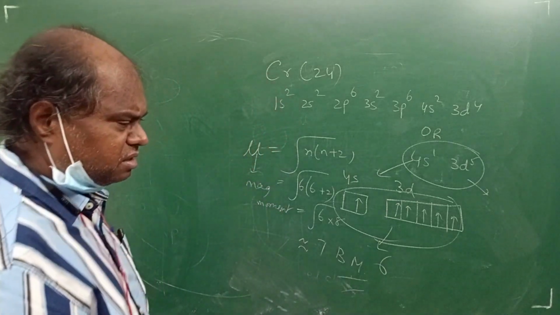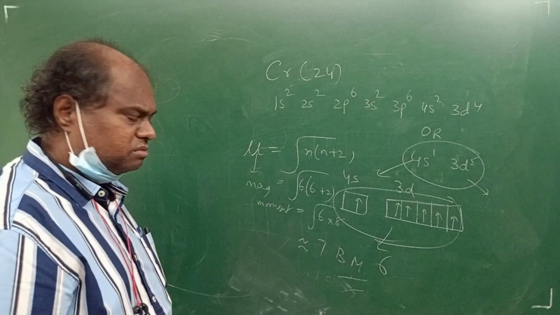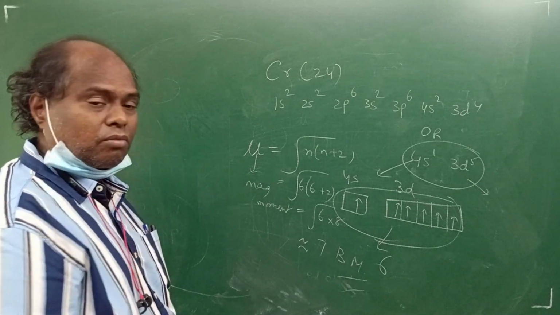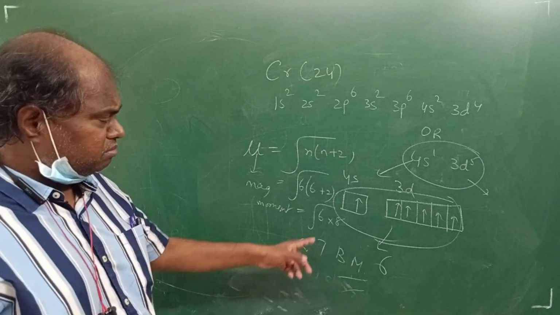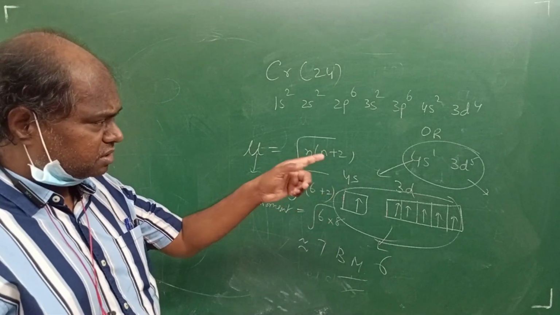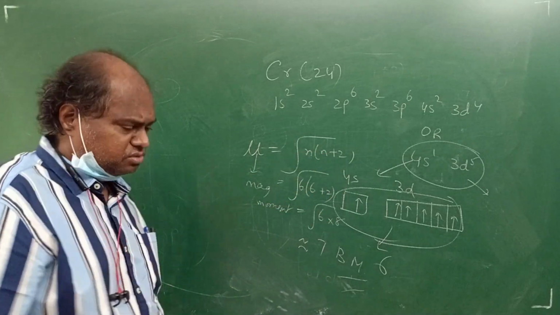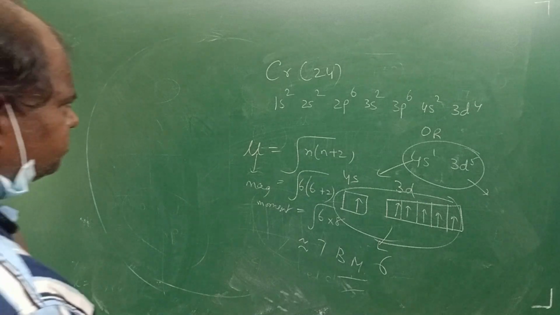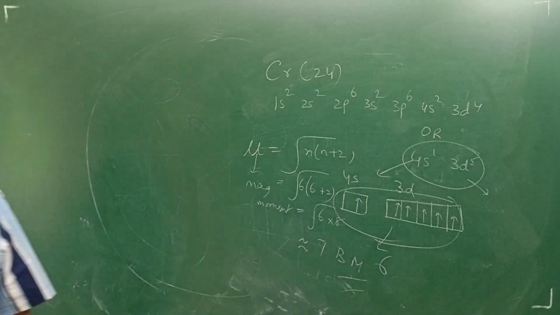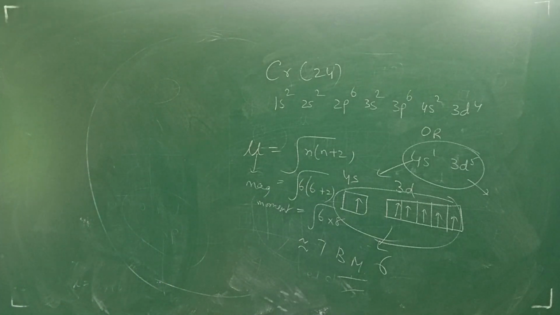So you will get approximately 7 Bohr magneton. Beautiful. So for chromium, please concentrate. That electronic configuration you have to change actually. Students, why don't you copy this fast? It's very important. Special attention for chromium, right?